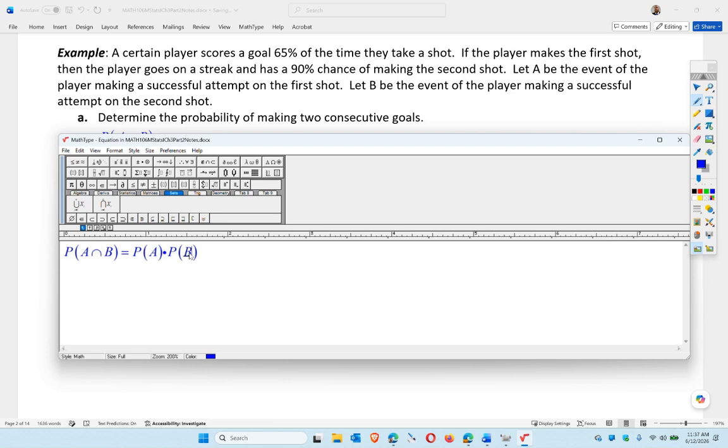But the problem is this second shot is conditioned on the first shot. So it's actually a conditional one, which means this is a dependent scenario, correct? Therefore, we have to do 0.65 times 0.90. So that would be 0.585 because they are dependent events. Correct? All right.